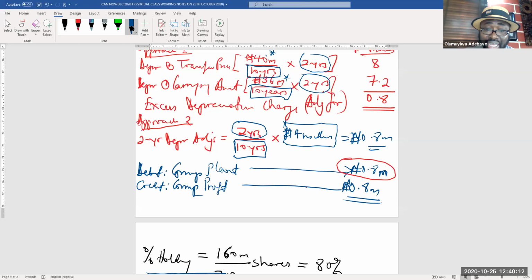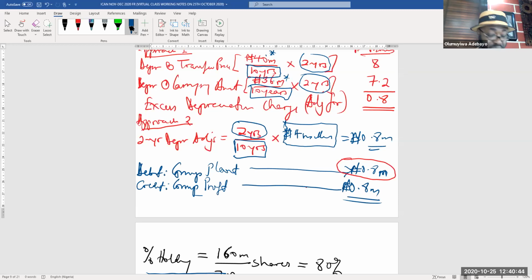Anything that happened to that plant subsequently only affects the parent, because the parent is the one in custody of that asset. But if it's the other way around, which is what we did earlier, it is the subsidiary that has recourse to it, and anything the subsidiary has recourse to still affects the parent and still affects NCI. But in this case, anything that affects the parent solely affects the parent only, no other person's business. Okay. Are you getting it?